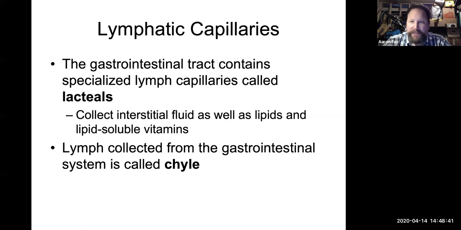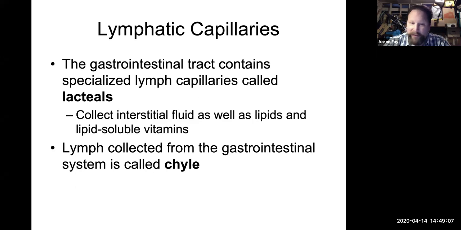Now, there are special lymphatic capillaries, which help drain tissues associated with the gastrointestinal system, with our GI tract. And these are called lacteals. So like lactate, lactose, right? So these vessels carry a fluid that has a milky appearance.